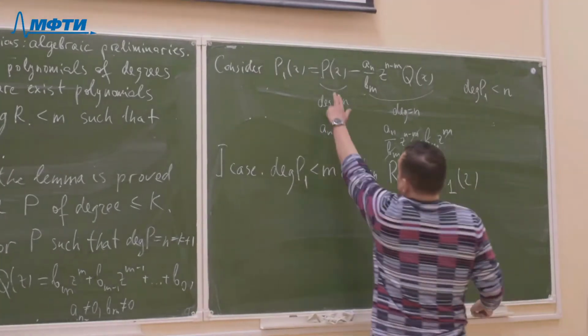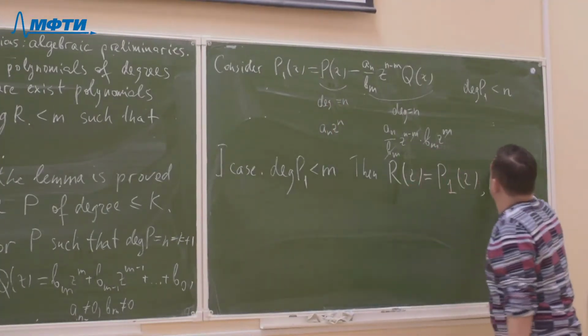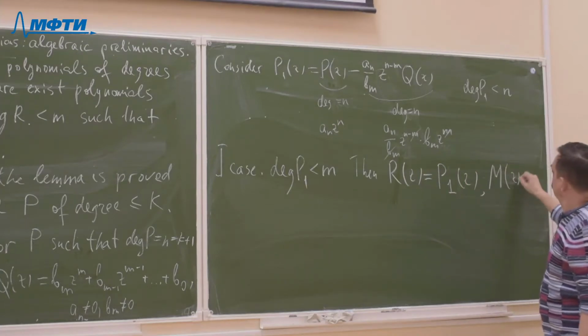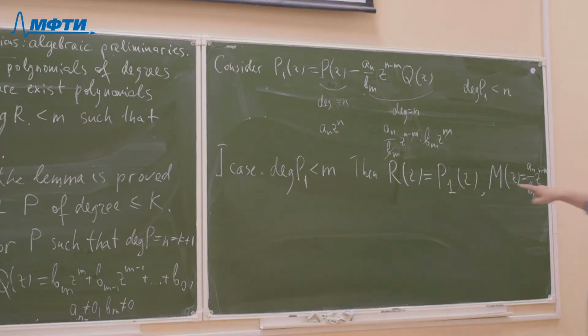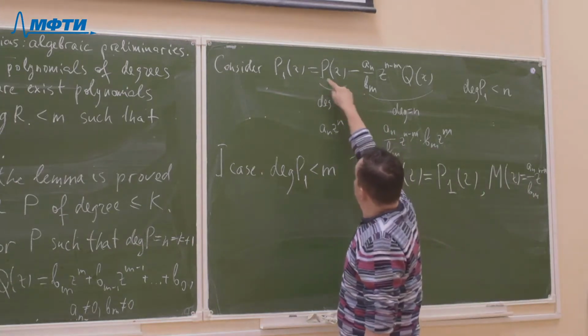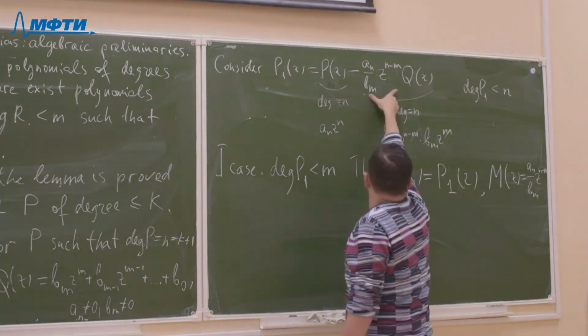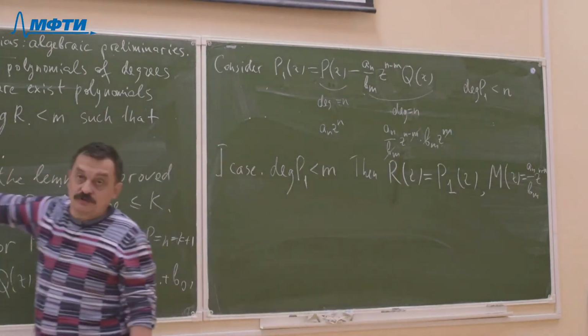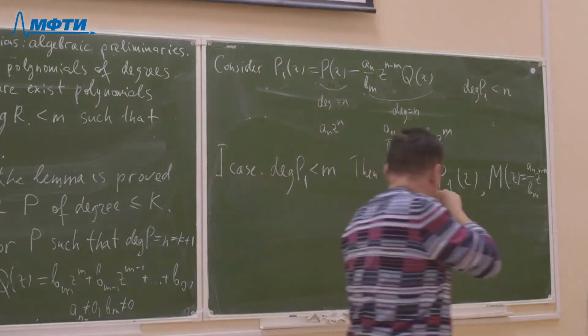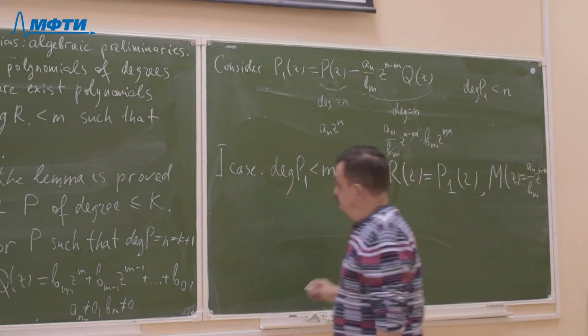Because M of z equals to a n over b m z to the power n minus m. Look what we have: P of z equals to M of z times Q of z plus R. Precisely what we want. So our first case is done.